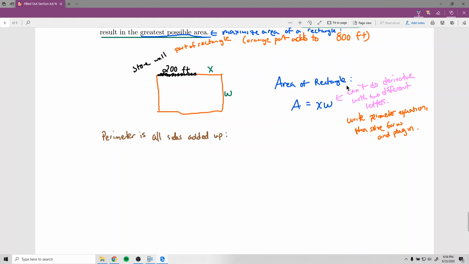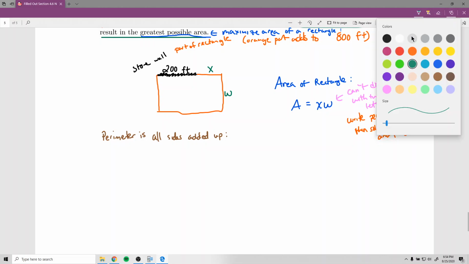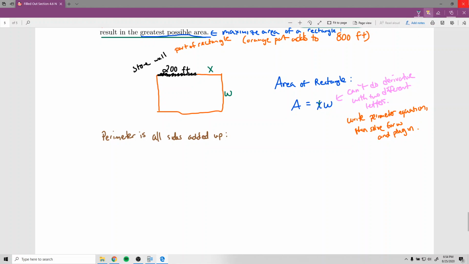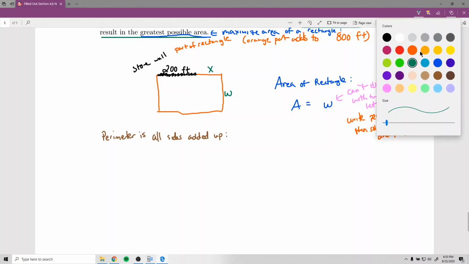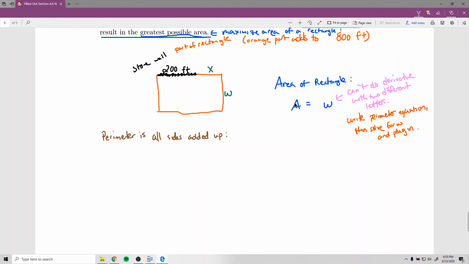We haven't done anything with the formula, except this would change our area formula because the length of this side would be 200 plus X. I apologize for that, but I think that the way they have the picture drawn is actually like this now that I'm remembering it. But it really doesn't make a difference which way X is written. I just want to make sure I do it the same way.